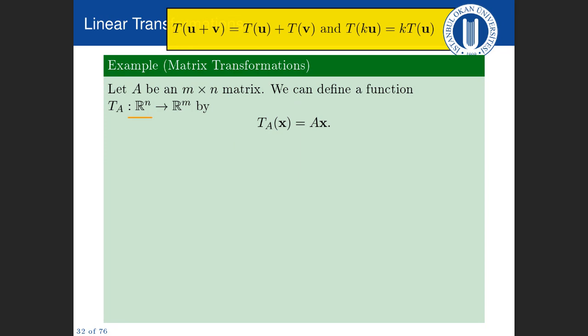And that's why it's from Rn, because we need an n-dimensional vector here if A is an M by N matrix, and then after we multiply our M by N matrix by our n-dimensional vector, Ax is going to be in Rm.